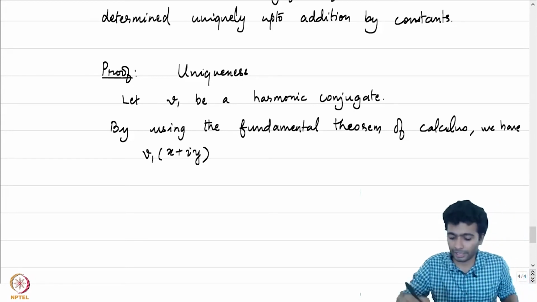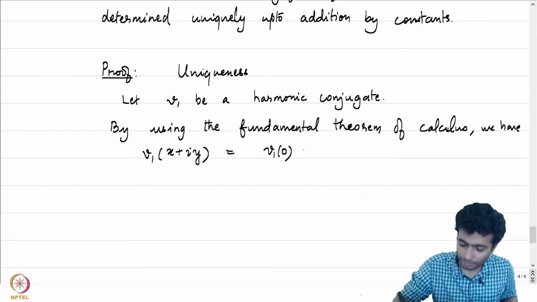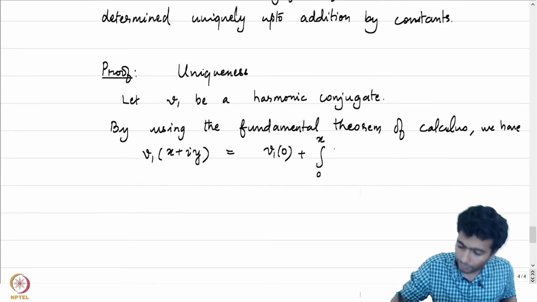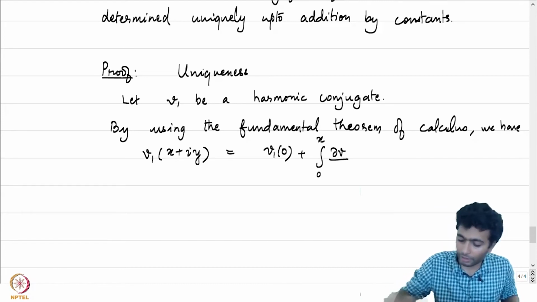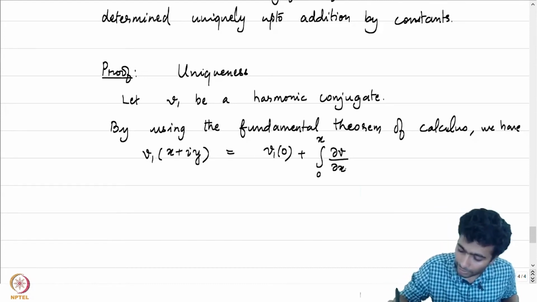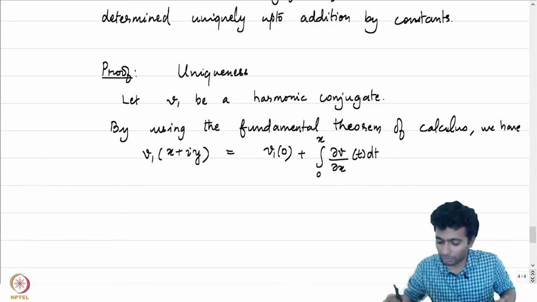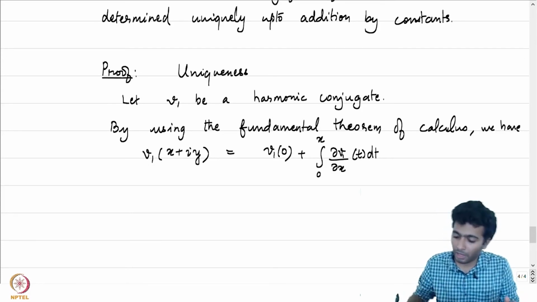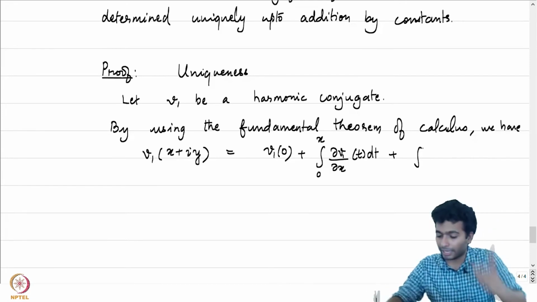So, V1 of z is V1 of 0 plus the integral from 0 to x of the derivative along the x direction, dou v by dou x of t dt. This by the fundamental theorem of calculus will give you V1 of x minus V1 of 0 in some sense. And the second term should be along the y direction.